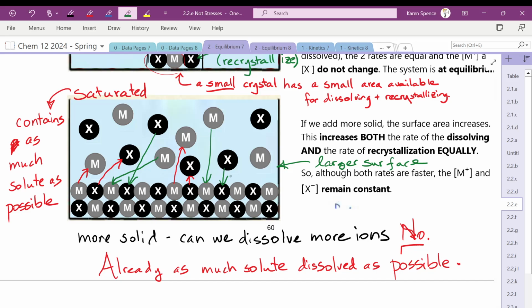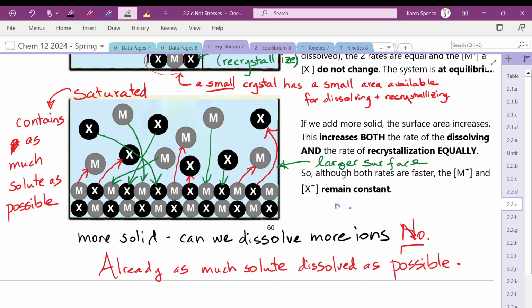And if I have another one coming off, M coming off, X coming off, uh-oh, this is going to get messy. However, I could have another M come over here and an X come over here because I have all of that surface available.